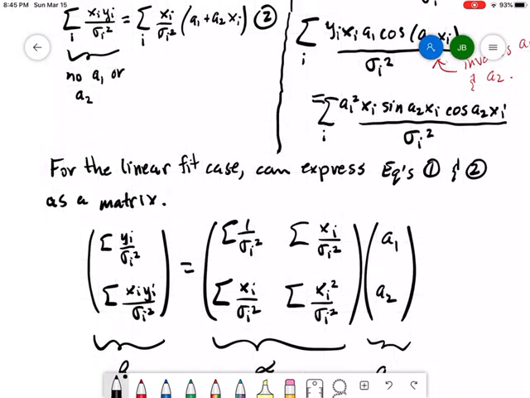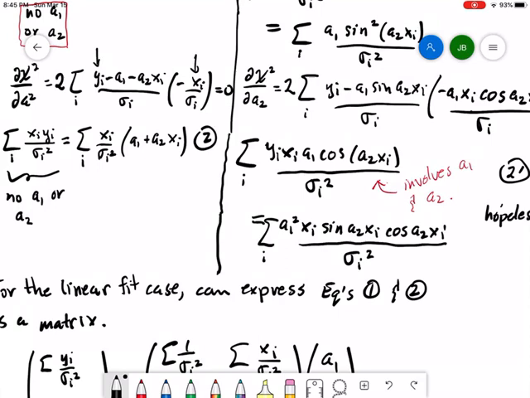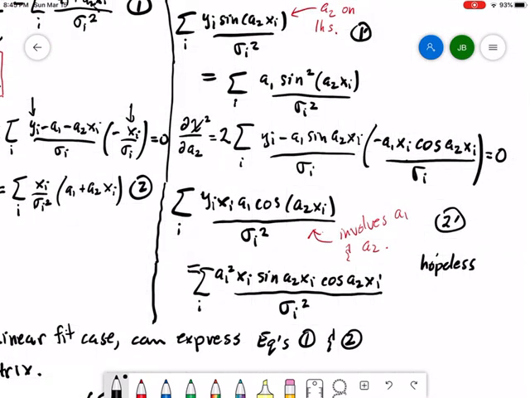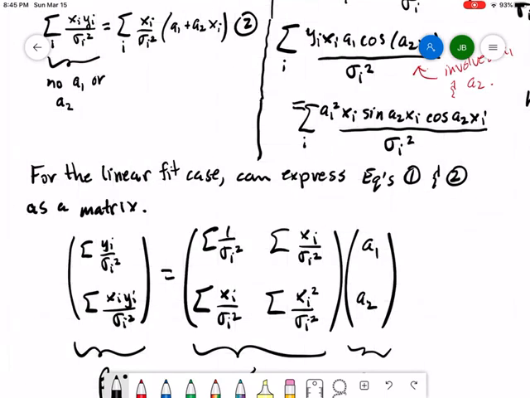Now, if we go back and look at equations A1 prime and A2 prime, you can see that it's completely hopeless to write these two equations as a matrix where we have on the left-hand side something that involves just y and x, no a's.